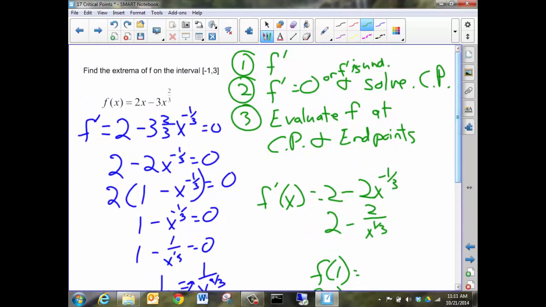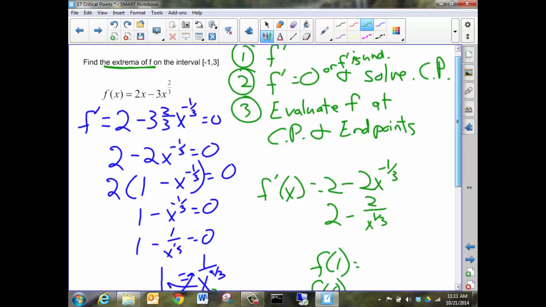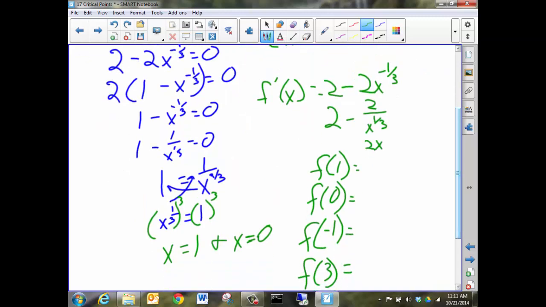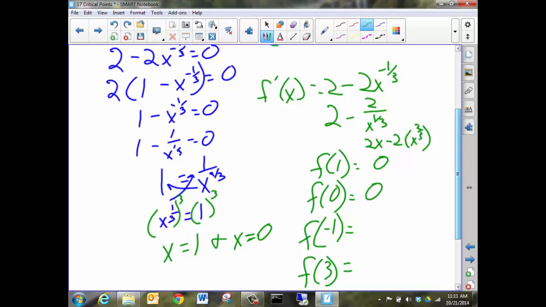We want the extreme values of F. So we're going to plug these back into the original equation, which was 2x minus 2x to the 2/3. When I plug 1 in, I get 2 minus 2, which is 0. When I plug 0 in, I get 0 minus 0, which is 0.